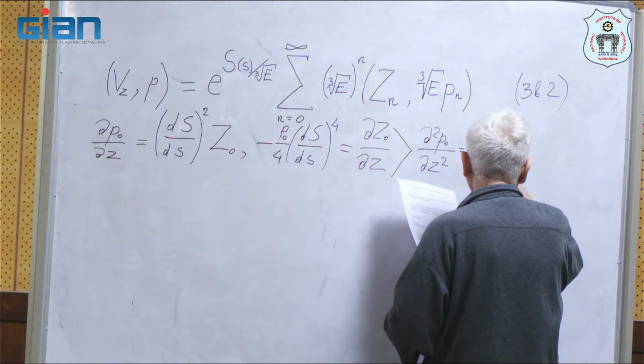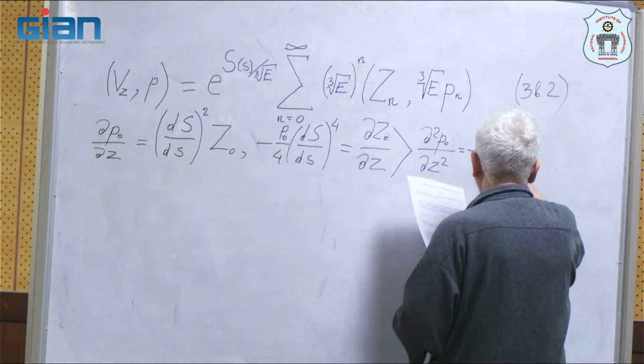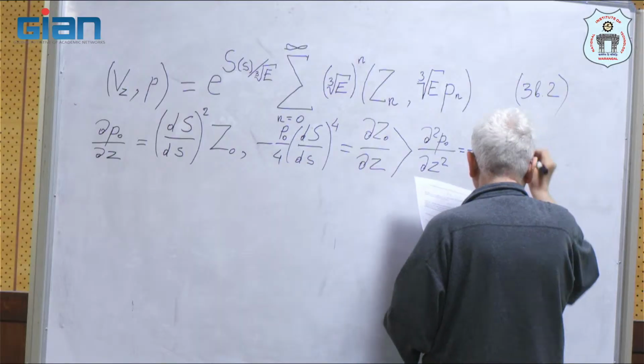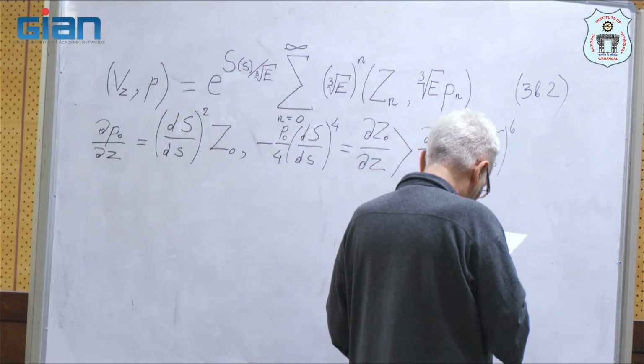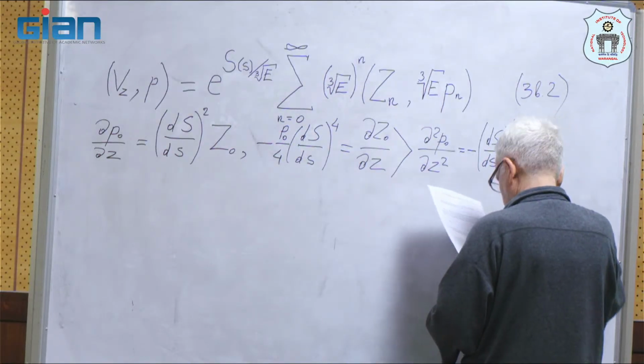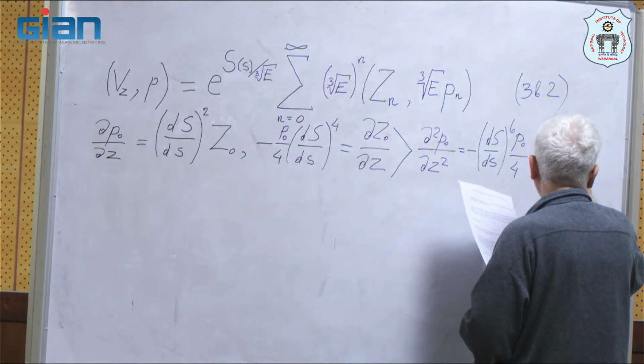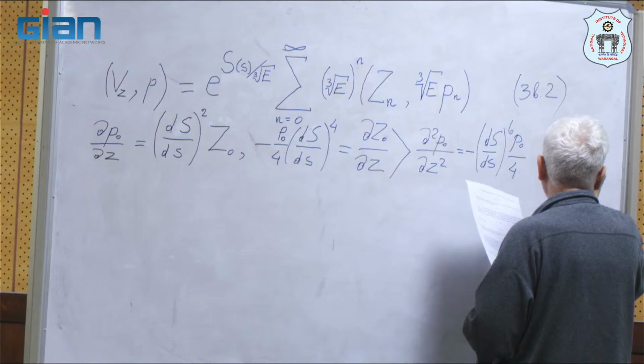Here the sixth power comes in first. And also there is a contribution here. Okay, this is formula 3b3.